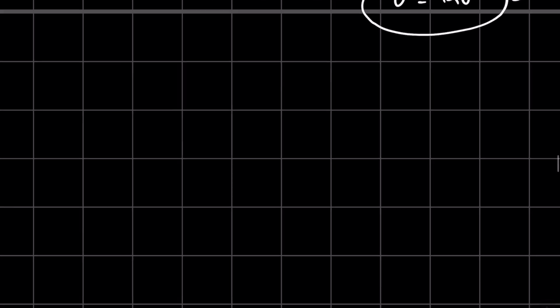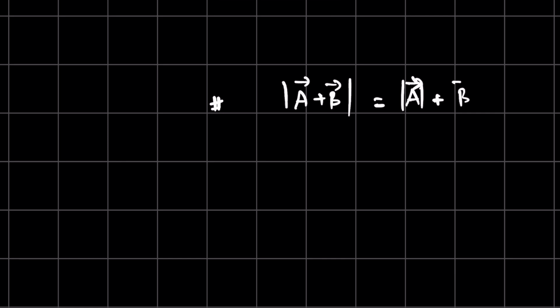In the first case, at 0 degrees, the magnitude of A vector plus B vector equals the sum of the magnitudes of the individual vectors A and B. If that is the case, theta will be 0 degrees.